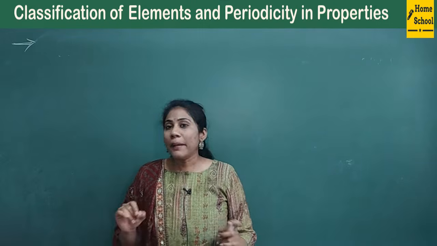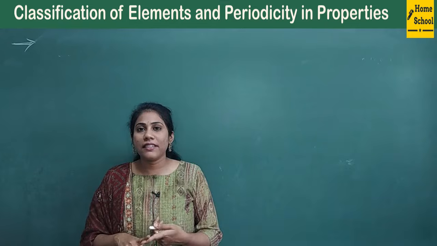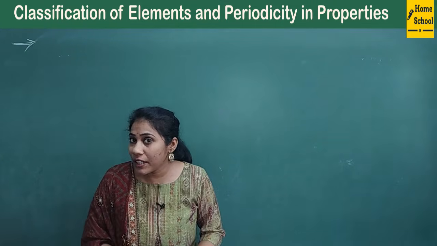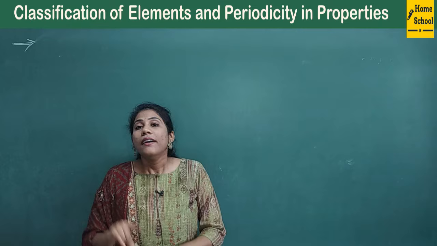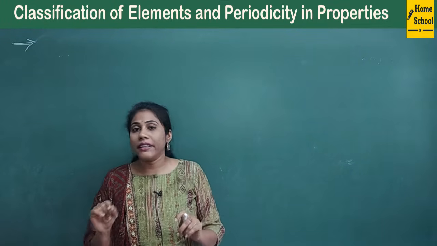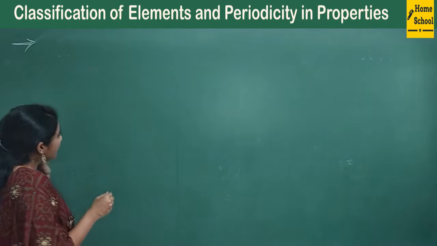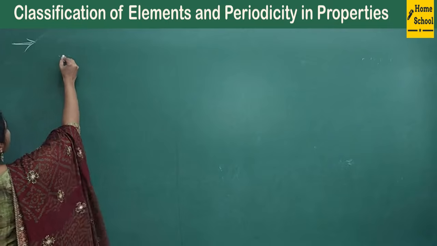Fine. And coming to today's topic, I am with the last topic of the chapter, that is anomalous behavior of second period elements, diagonal relationship and periodic trends in chemical reactivity. Coming to the first topic, it's very important to understand, guys.